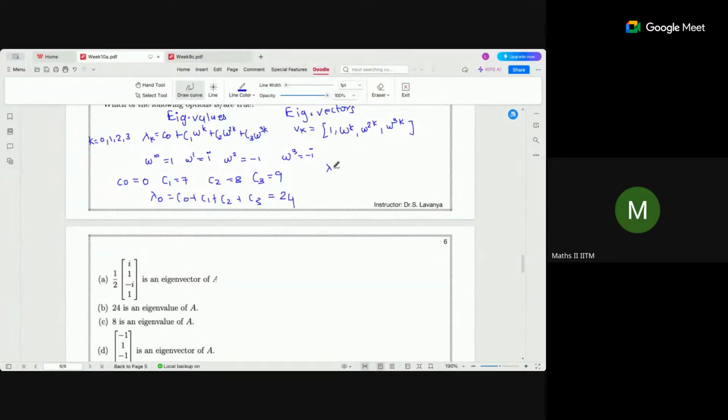Lambda 1 is minus 8 minus 2i, I am getting. Lambda 2 is minus 8, and lambda 3 is minus 8 plus 2i. Did anyone get the same answer? One of you has got minus 8 plus i. So you have got one of the eigenvalues to be 6. Okay, I have got minus 8. So let's verify this. Please verify.